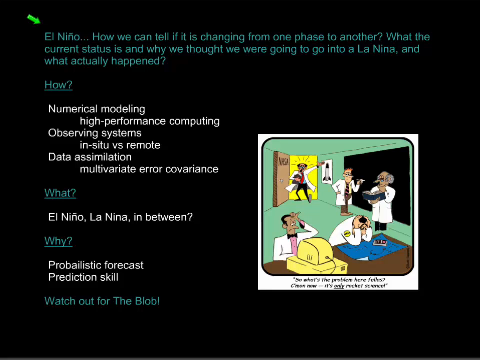So I took it quite literally, so I will spend some time telling you how we are able to say anything about El Nino at all, and then what state we are in right now, and why we had changed our mind about it, and at the end I will tell you about something else.